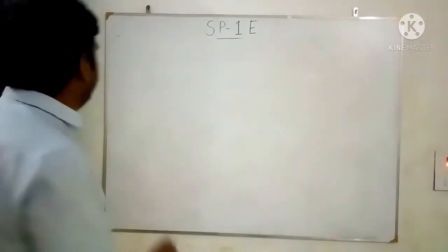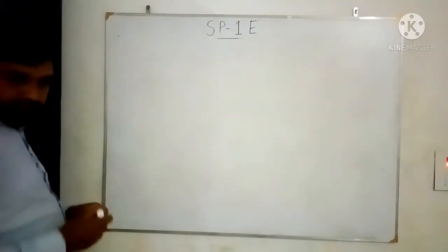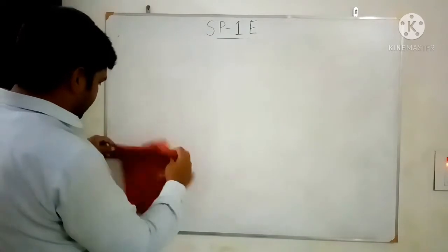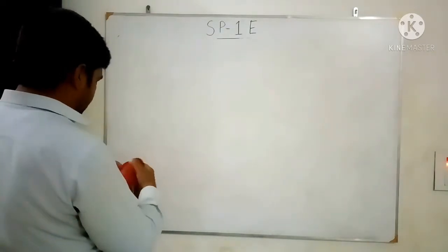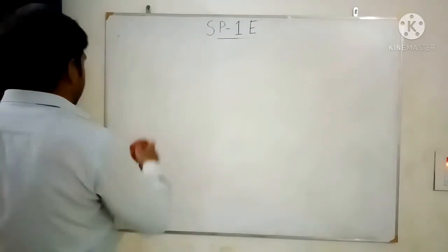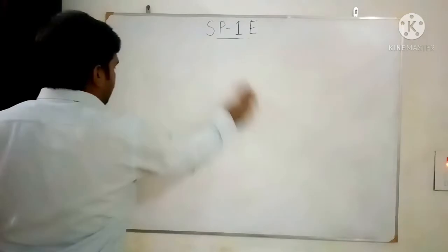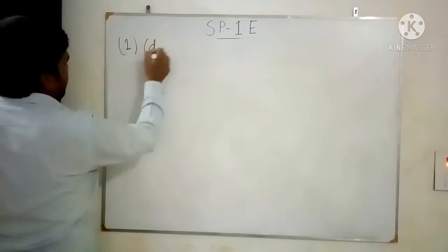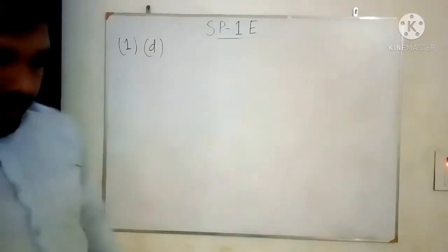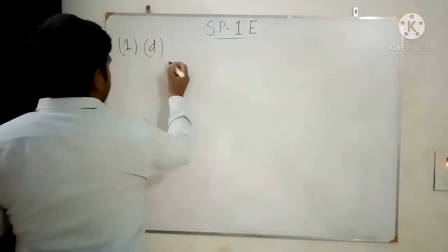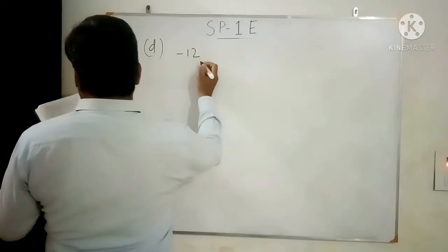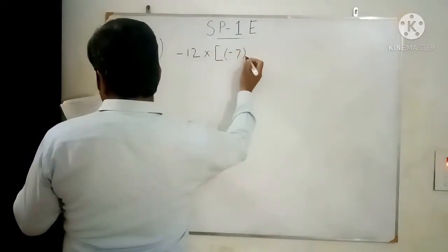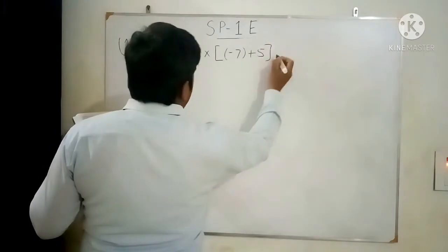See the last question, 1D. What we have to do in this question is minus 12 multiply in square bracket minus 7 plus 5 equals right hand side.